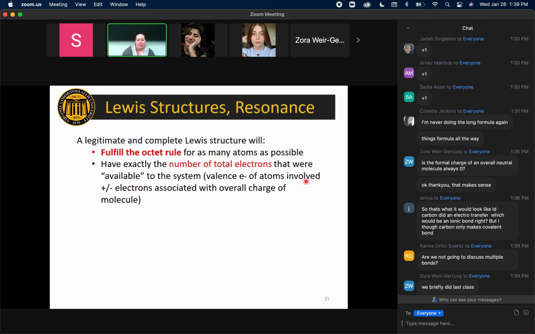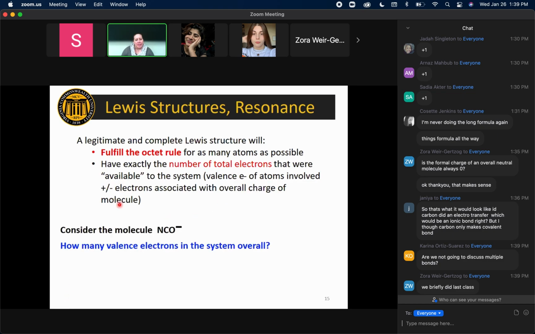So that means that we have the number of valence electrons that all of the atoms involved would bring in. And then also we account for whatever positive or negative overall charge is associated with the overall molecule. So we did some brain exercises at the beginning of class, and we'll do another one here.